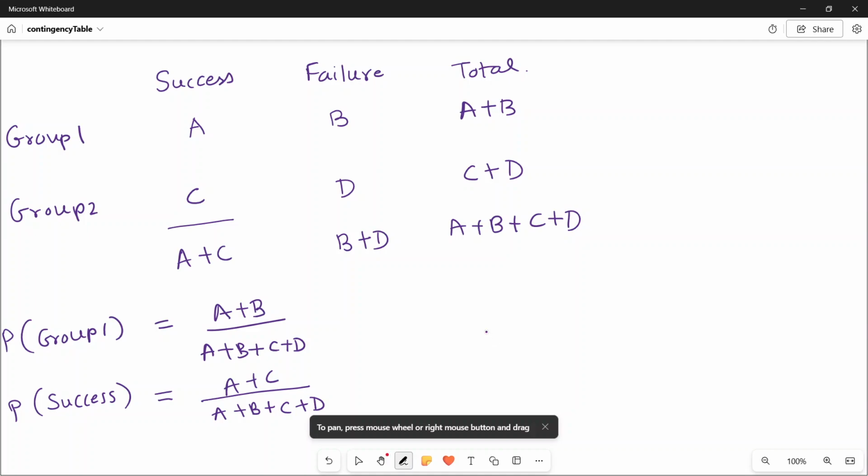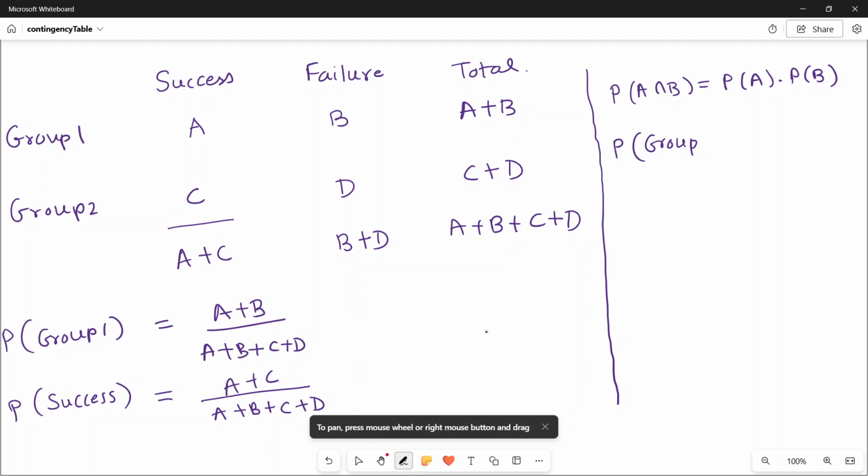When two events are independent of each other, the probability of A intersection B is equal to the probability of A multiplied by the probability of B. So, if I want to find the probability that a student I pick randomly belongs to group 1 and is a success, and if belonging to a particular group and succeeding are two independent things, then this should be equal to the probability of belonging to group 1 multiplied by the probability of being successful.